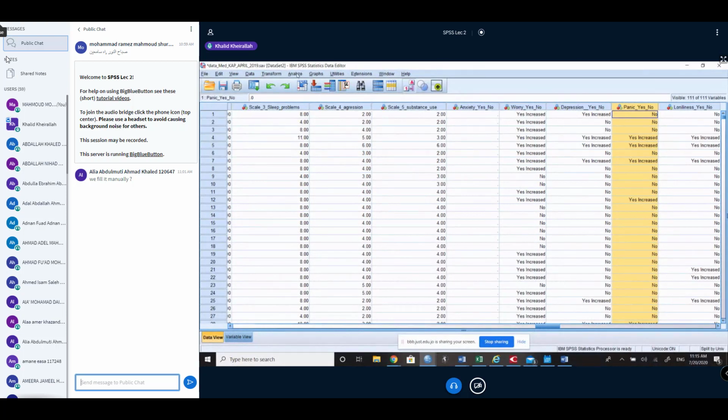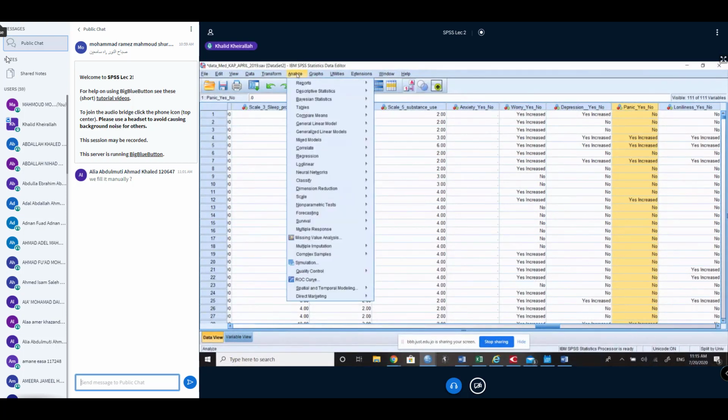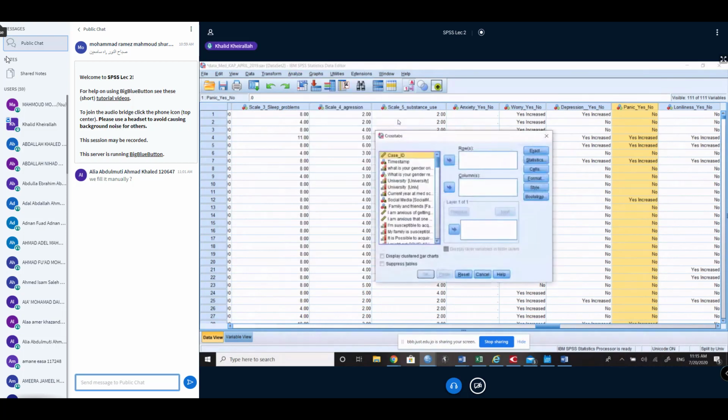We go to analyze, descriptive statistics. Almost everything you're going to do is going to be in descriptive statistics. And cross tabs. So we do analyze, descriptive statistics, cross tabs. Okay, click on cross tab.